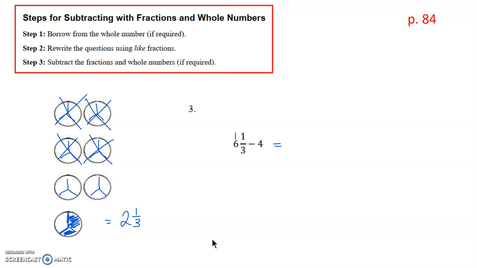For these ones, you just need to subtract your whole numbers from each other. And the fraction, it's like the fraction is subtracting nothing. So that just gets brought along. So when you have a mixed number minus a whole number, you don't need to borrow. When you have a whole number minus a mixed number, you do need to borrow to create a mixed number.